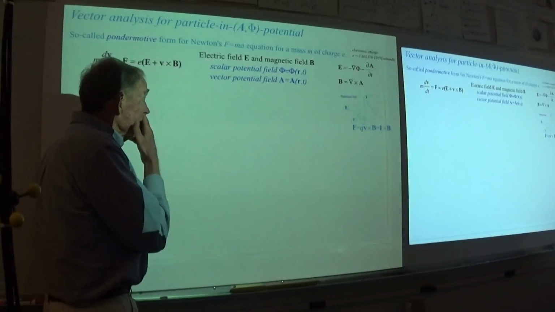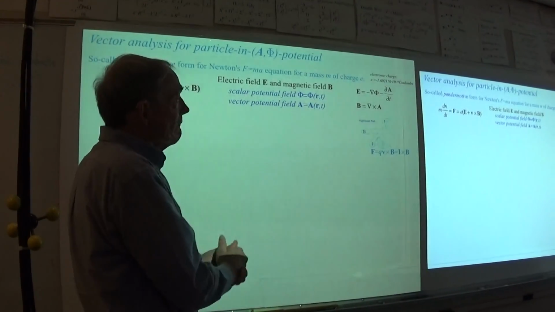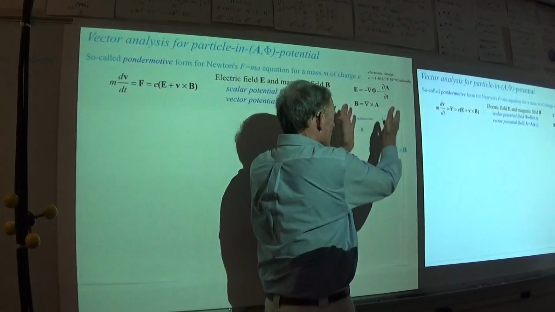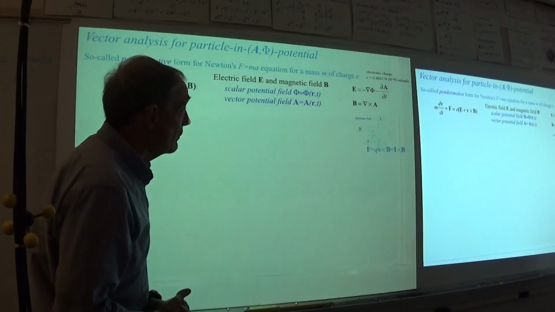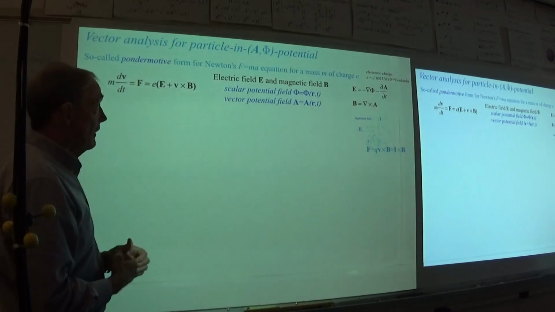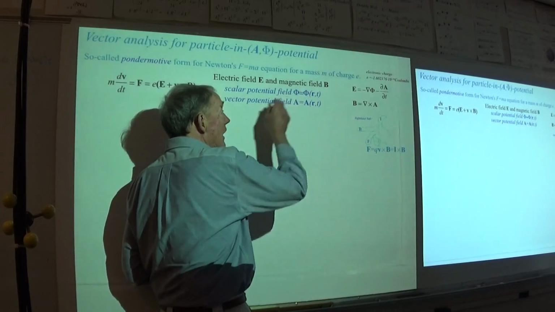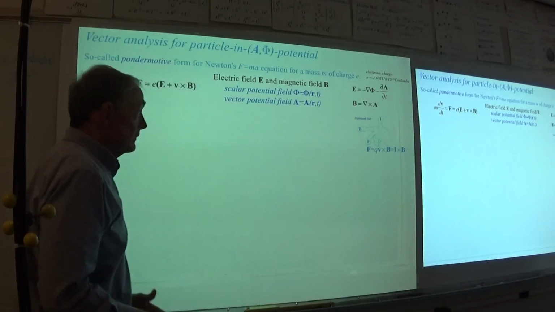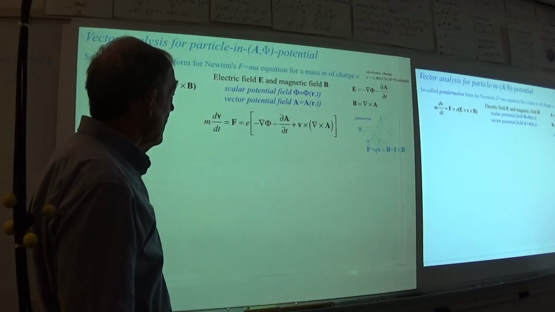So these are basically Maxwell's equations. That's really all you need. You get all the Maxwell equations just out of the scalar and vector potential, and everything follows from that. These are the drivers, you might say, of electromagnetic motion, and it's a good idea to get familiar with that as much as possible.